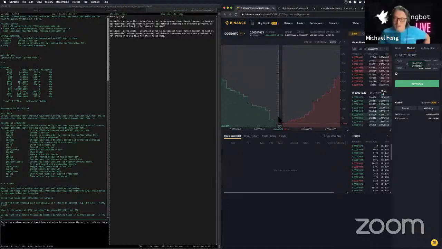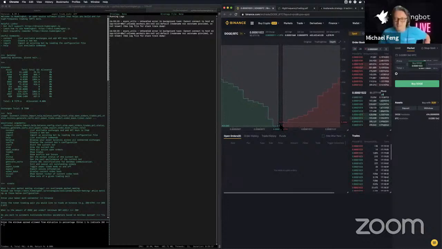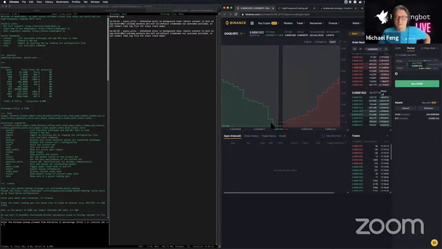That's a really cool tool. The problem is that you can't see too much detail. For example, it's only one decimal point, but you can get a good idea of where the majority of the liquidity is on the market, and use that as a starting point to set your parameters.